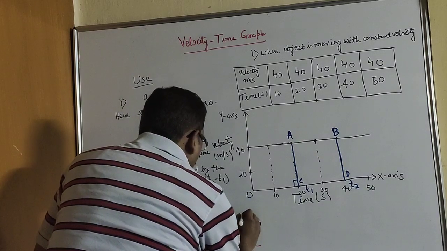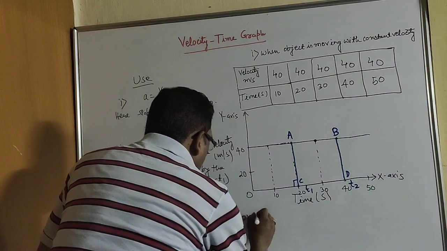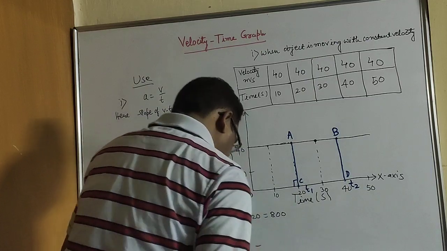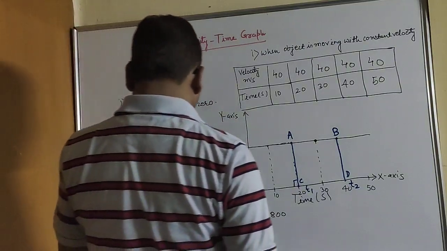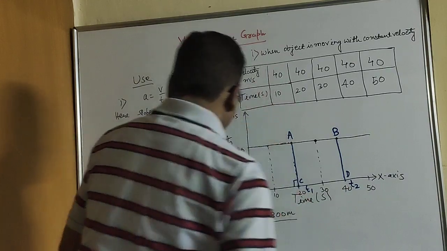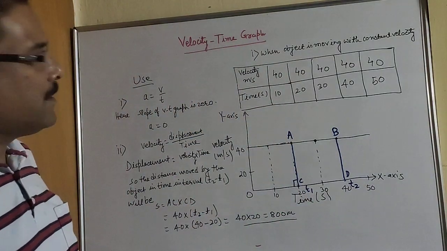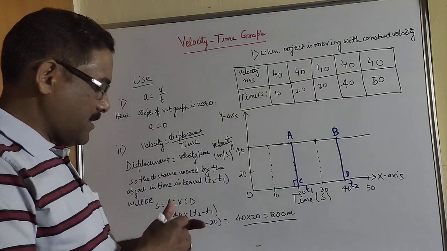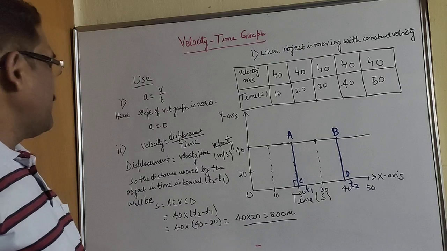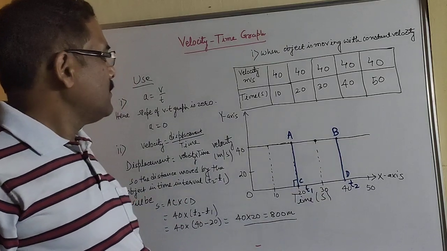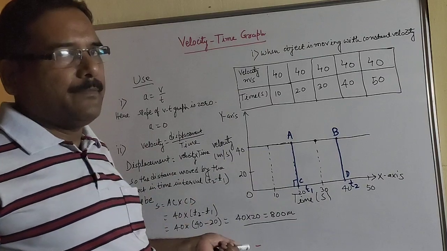So it will be 40 into 20, so 800 meter. This is an example. In our case, we have calculated the distance travelled by the object between time interval T2 minus T1. So these are the uses.